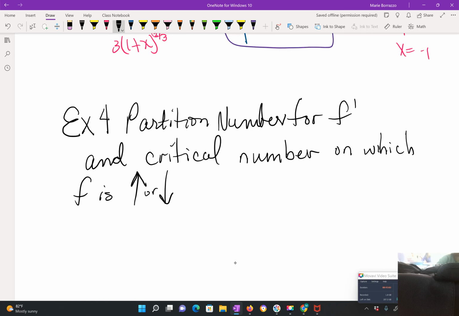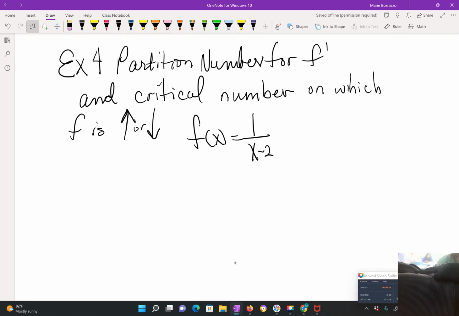So in this example, the function they give us is f of x is equal to 1 over x minus 2. All right, so we find the first derivative. This is going to be -1 over x minus 2 squared.